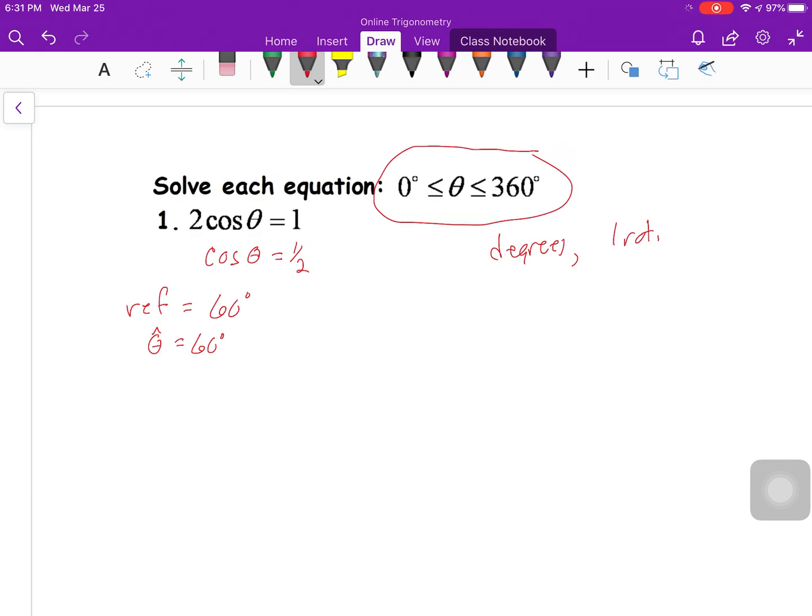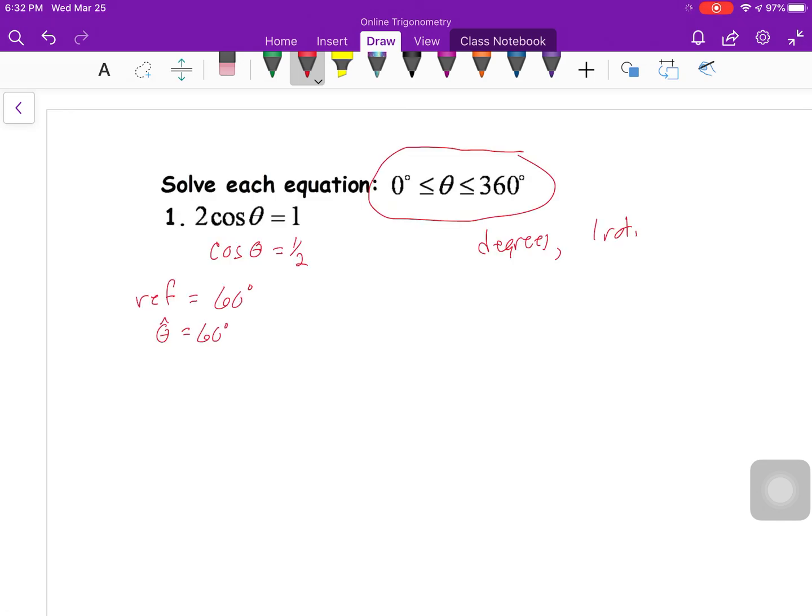And again, we have to think of the quadrants. So the cosine is positive. Cosine is positive in quadrant 1, because all of the trig functions are positive in quadrant 1. So that would be theta equals 60 degrees. Reference angles are quadrant 1 angles. And the other quadrant where cosine is positive is quadrant 4.